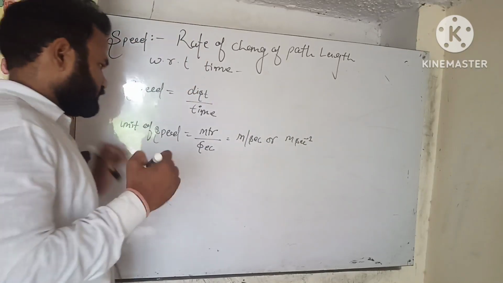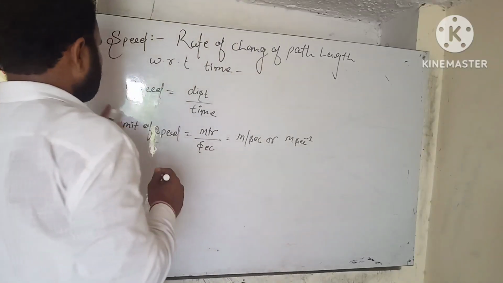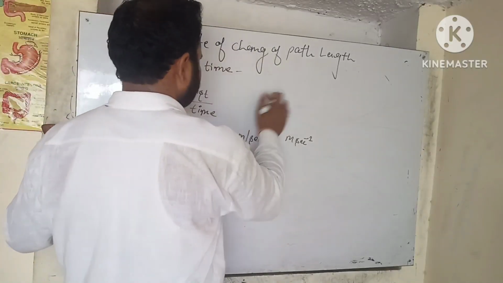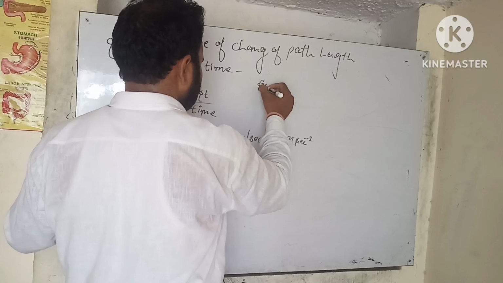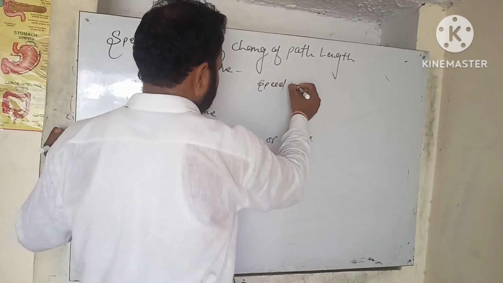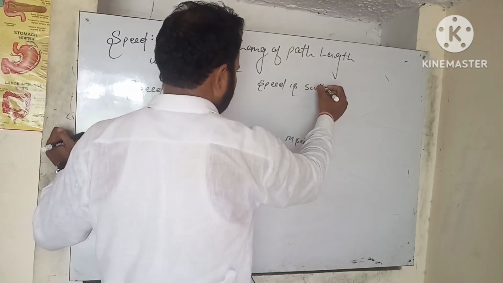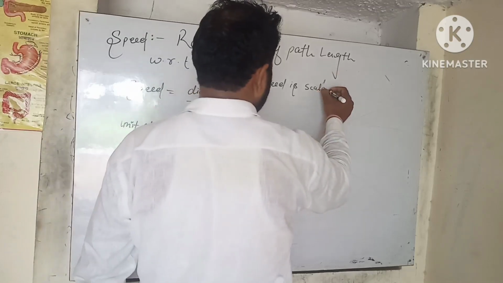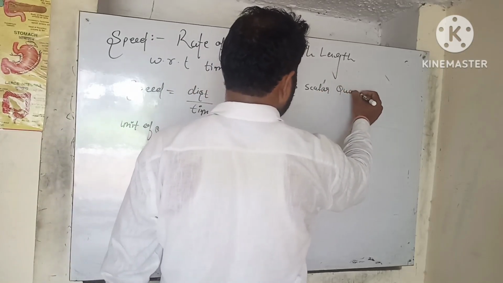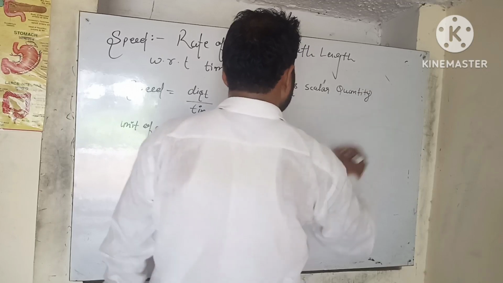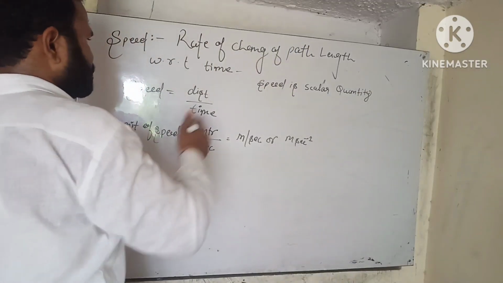Let's learn about speed. Speed is a scalar quantity, that is the first point.